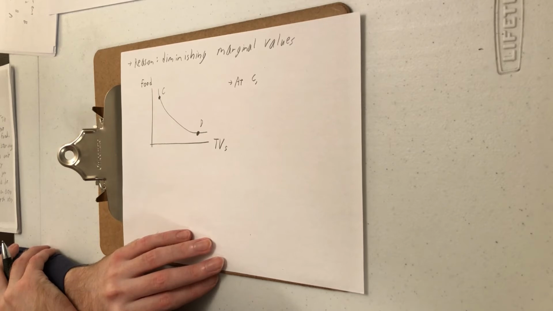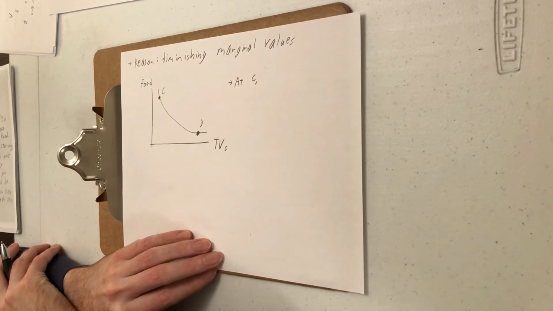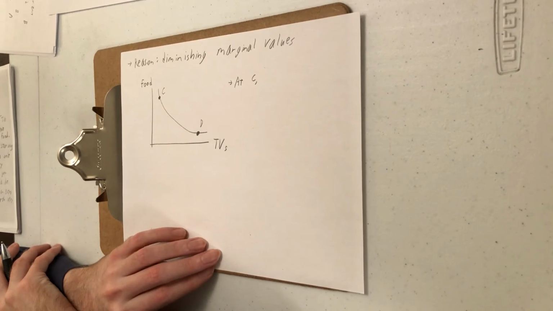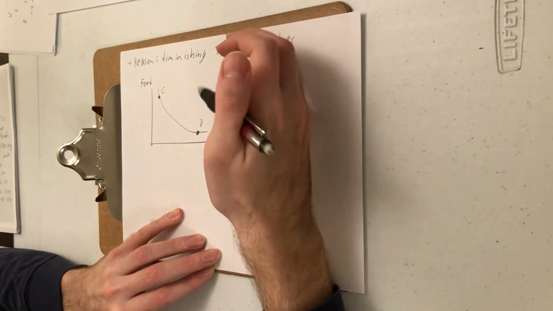And diminishing marginal values, of course, will apply to both of them. So if you have a lot of food already, the marginal value of having even more food is quite low.